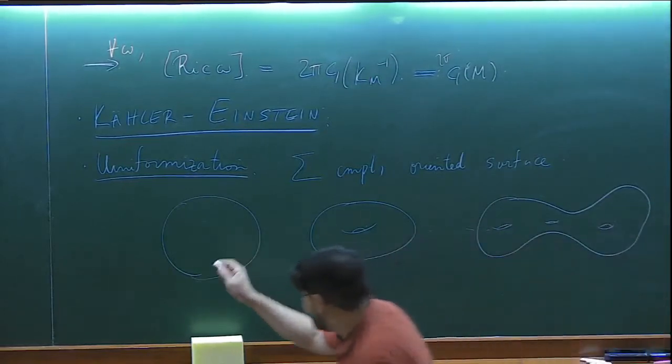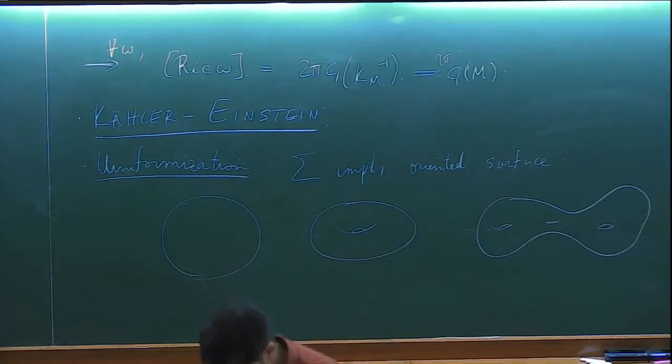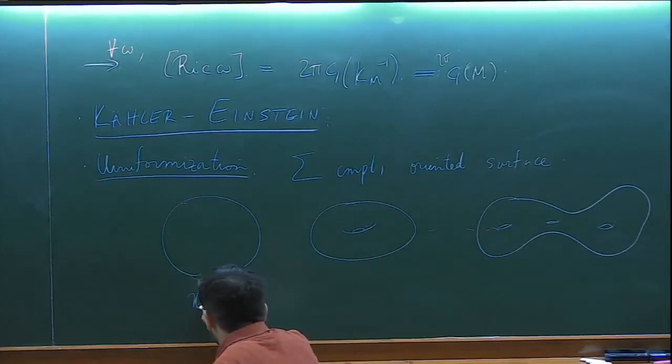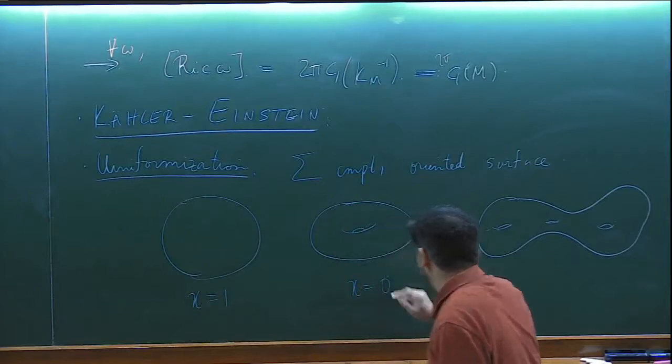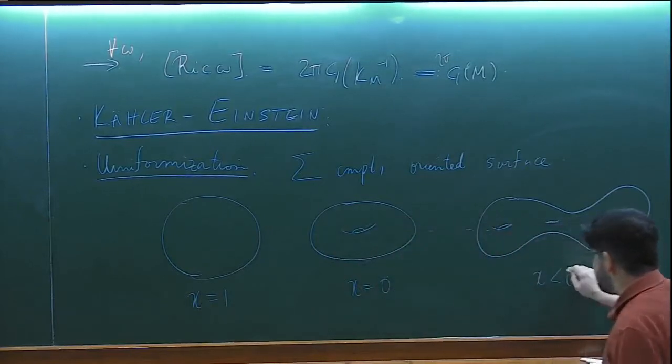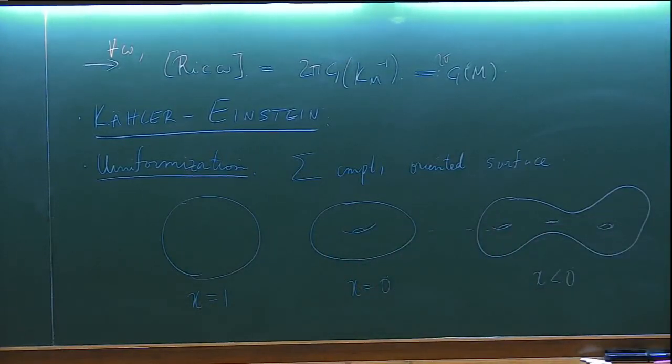So it turns out that this has Euler characteristic 1, this has Euler characteristic 0, and this has negative Euler characteristic. Okay, so then what does the uniformization theorem tell us?